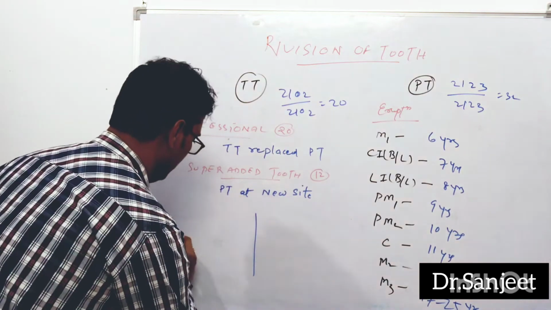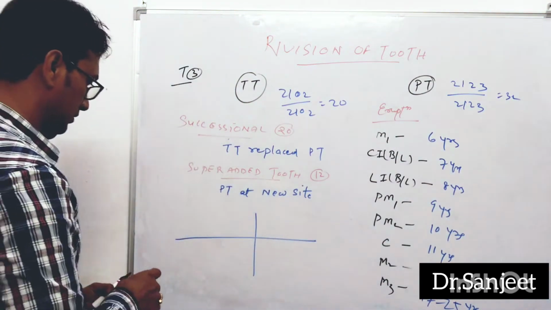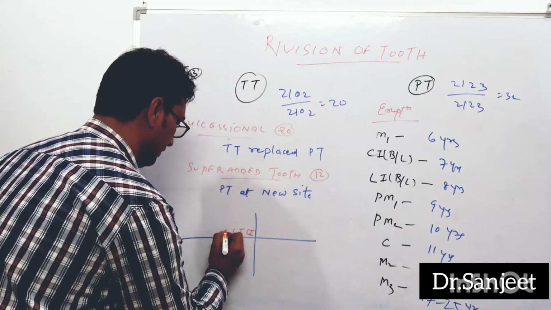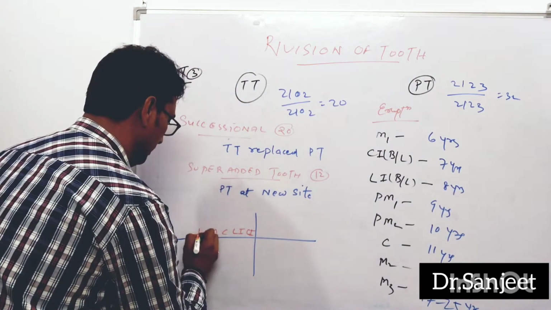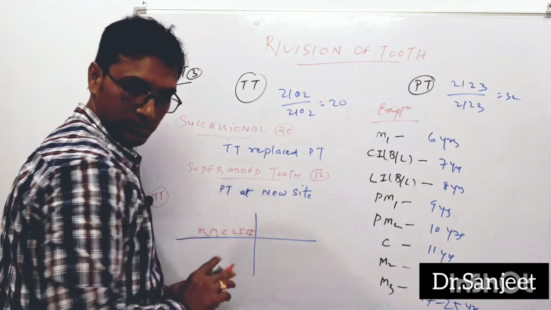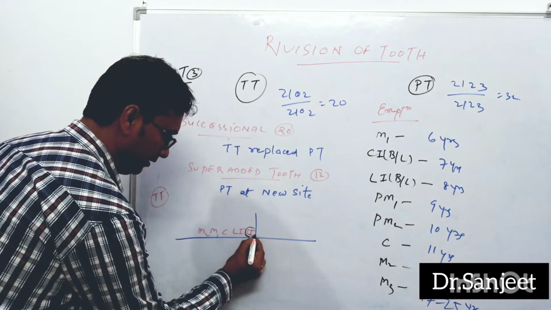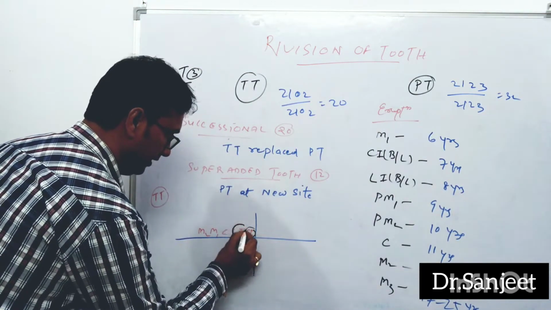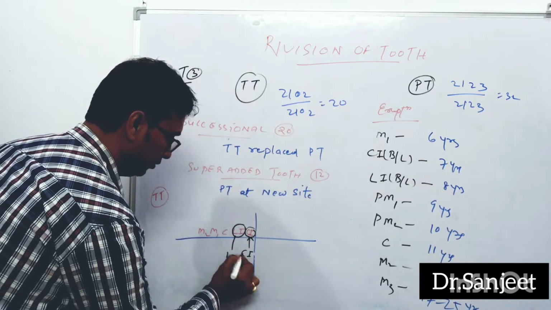We have discussed here: this is central incisor, this is lateral incisor, this is canine, molar 1, this molar 2 for temporary tooth. This central incisor is replaced by central incisor of permanent tooth. This lateral incisor replaced by lateral incisor of permanent tooth.